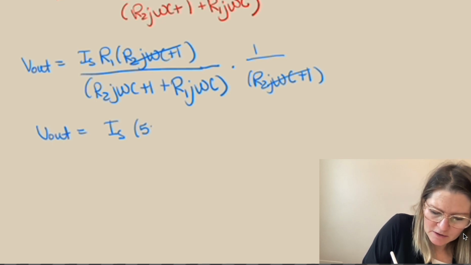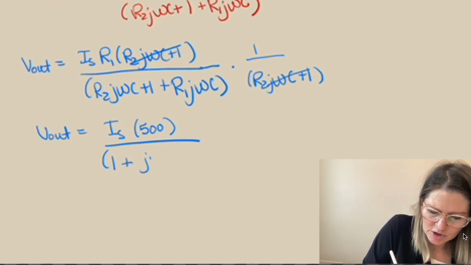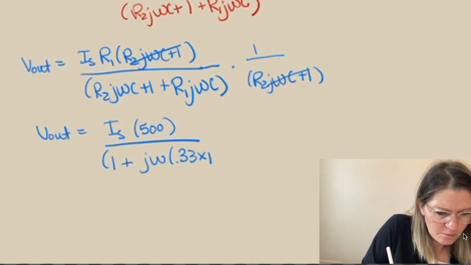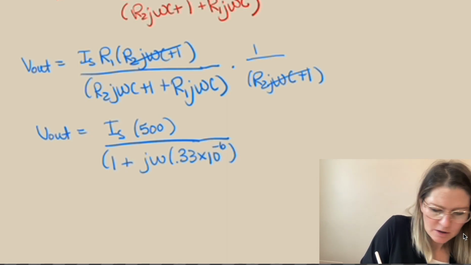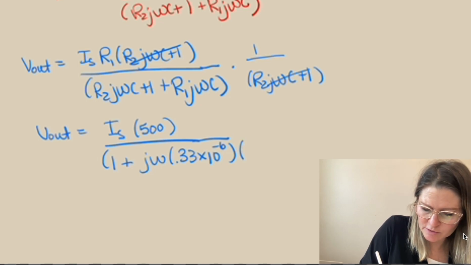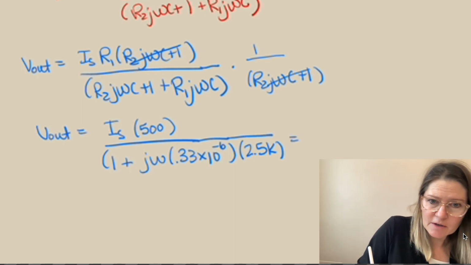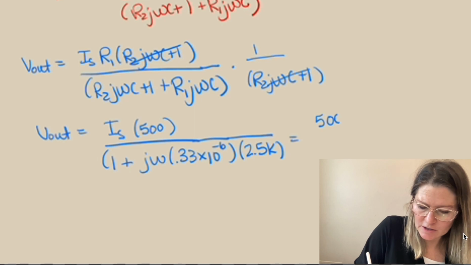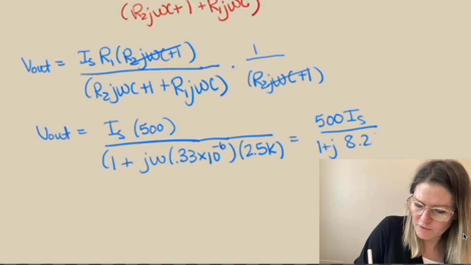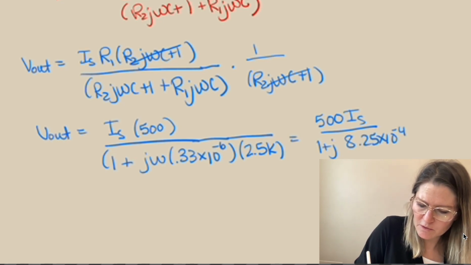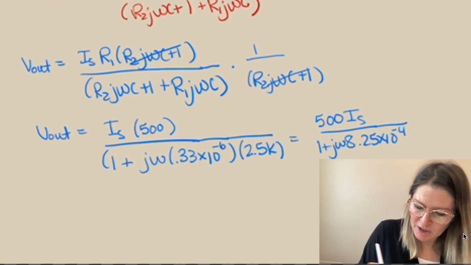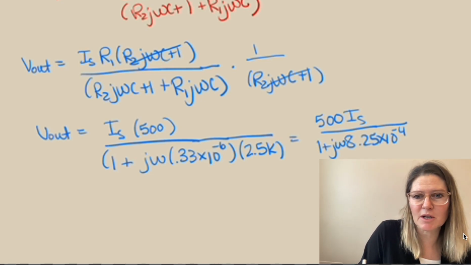And we can put in 500 for R1, and then 1 plus j omega, and C is 0.33 micro, and R1 plus R2 is 2.5K, which ends up giving 500 Is over 1 plus j omega times 8.25 times 10 to the minus 4th.